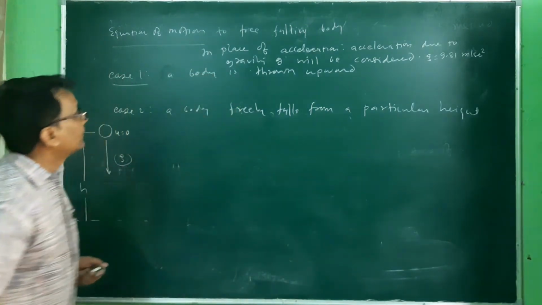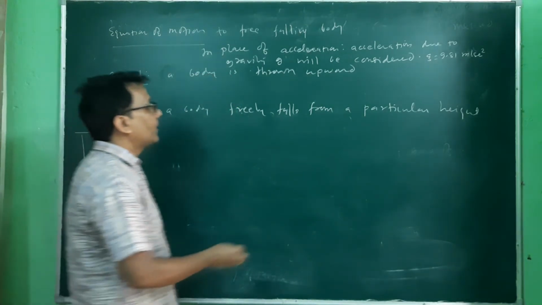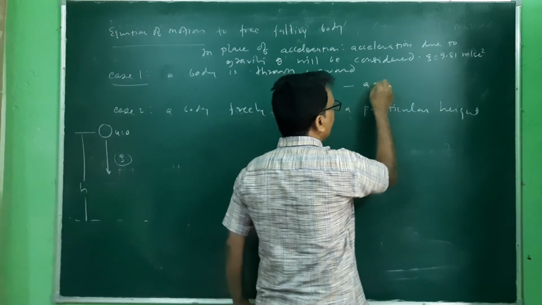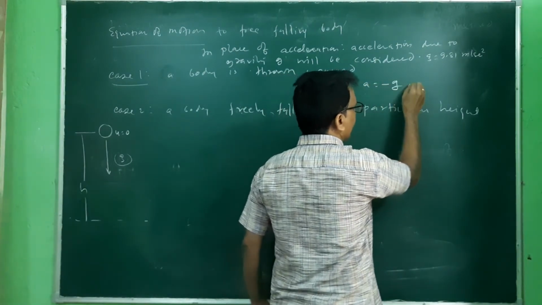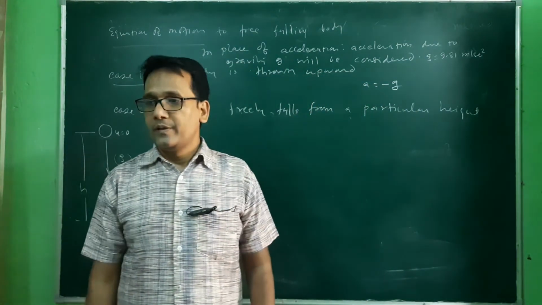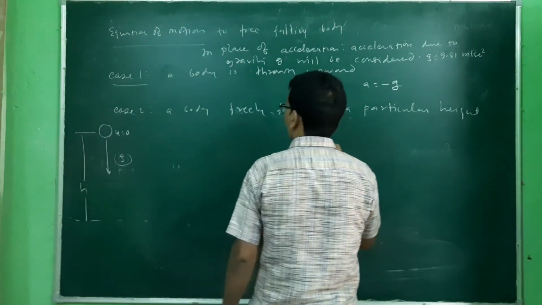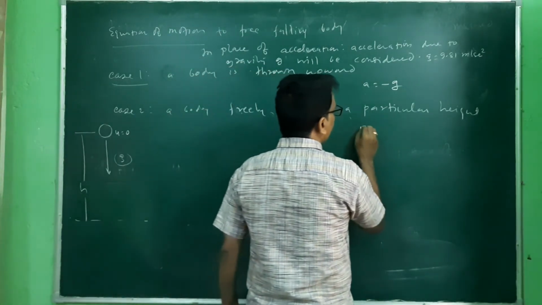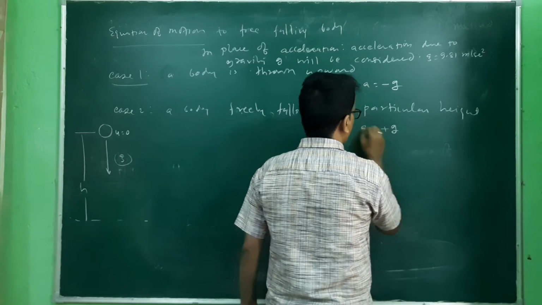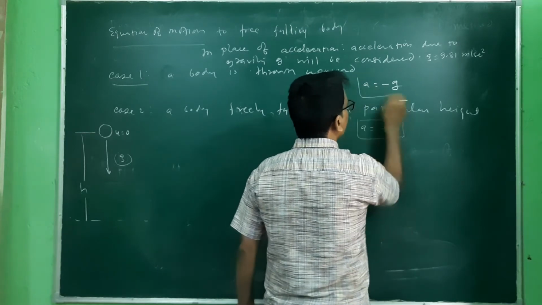So if a body is thrown upward, then the acceleration is taken as minus g. And if it is falling down from a particular height, then this a is equivalent to plus g. Remember this.